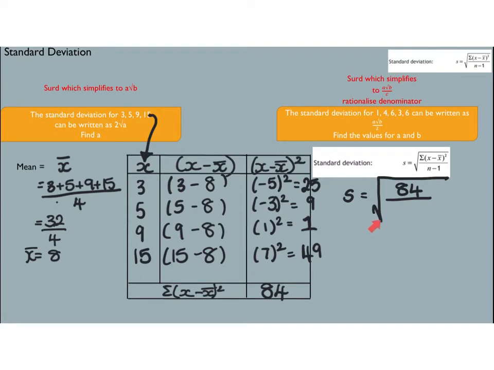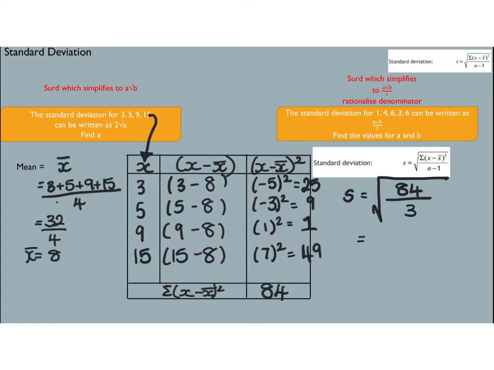Square root going across the bottom and the top of this fraction, okay? Remember the bottom, and take away 1, how many points have we got? How many pieces of data we got? 1, 2, 3, 4. Okay, 4 take away 1 makes 3.